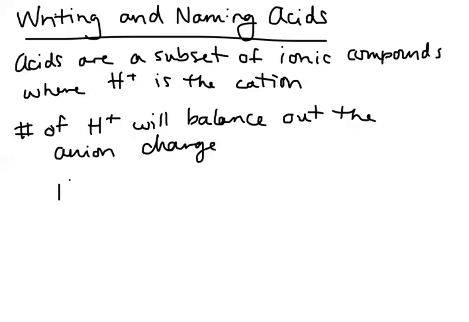So if we have H plus and Cl minus, how do we balance this out? Nothing, because you have a +1 and a -1, they become HCl. How about H plus and SO4 2 minus?